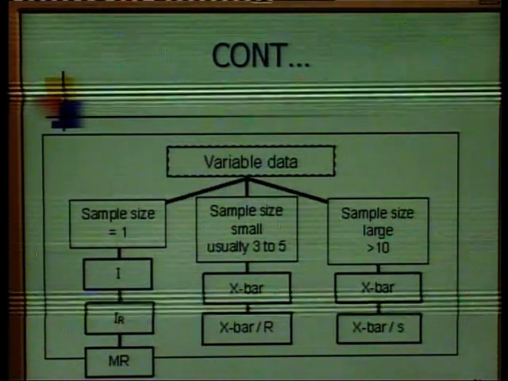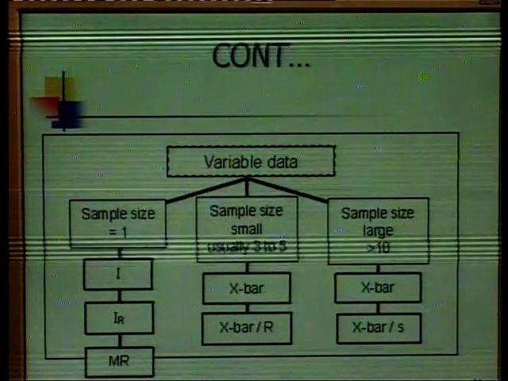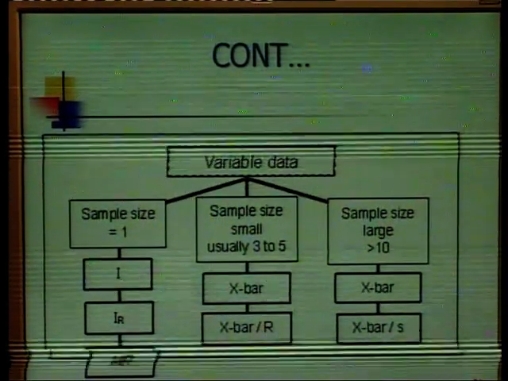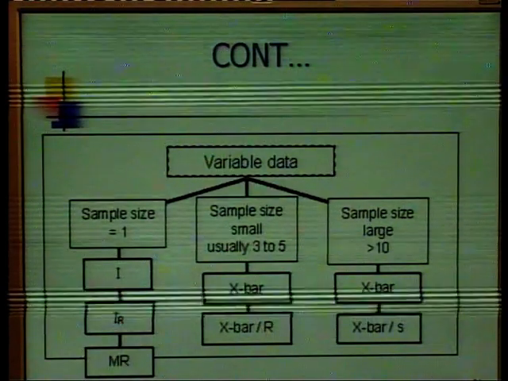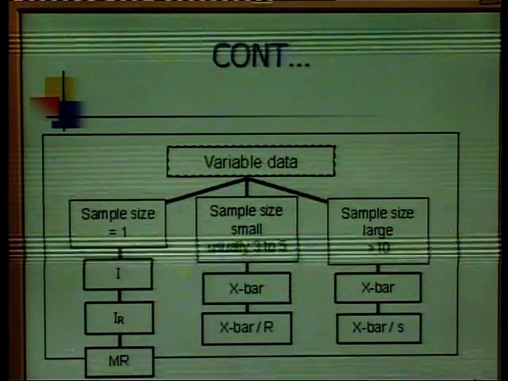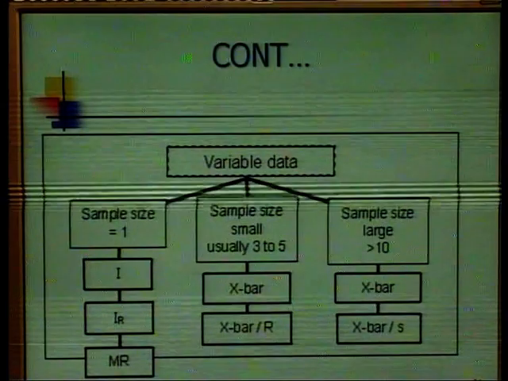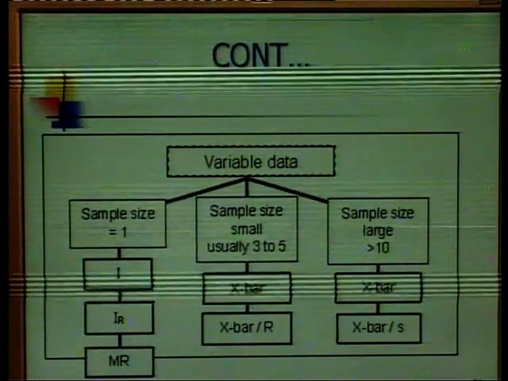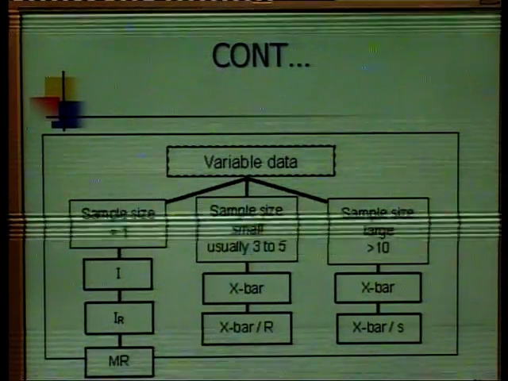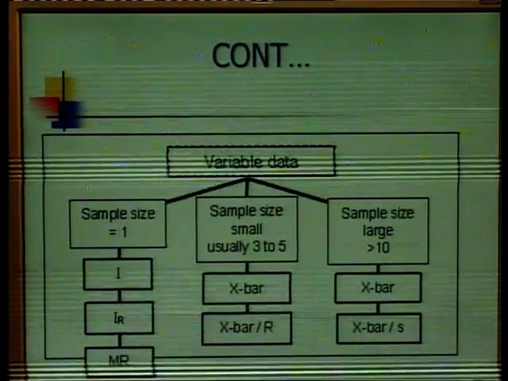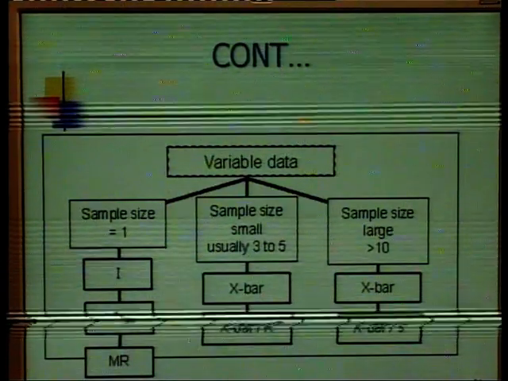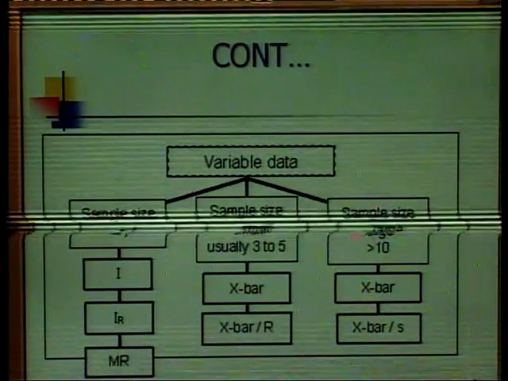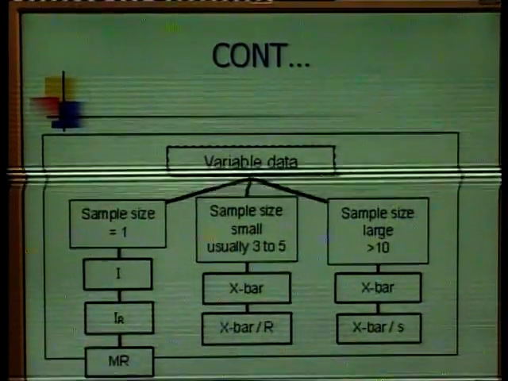We are going to use the individual chart, individual range chart or moving range chart. If the sample size is small, usually between 3 to 5, then we use the X bar chart, or the second option, the X bar chart along with a range chart. And if the sample size is large, greater than 10, then we again use the X bar chart, or the X bar chart along with the standard deviation chart.